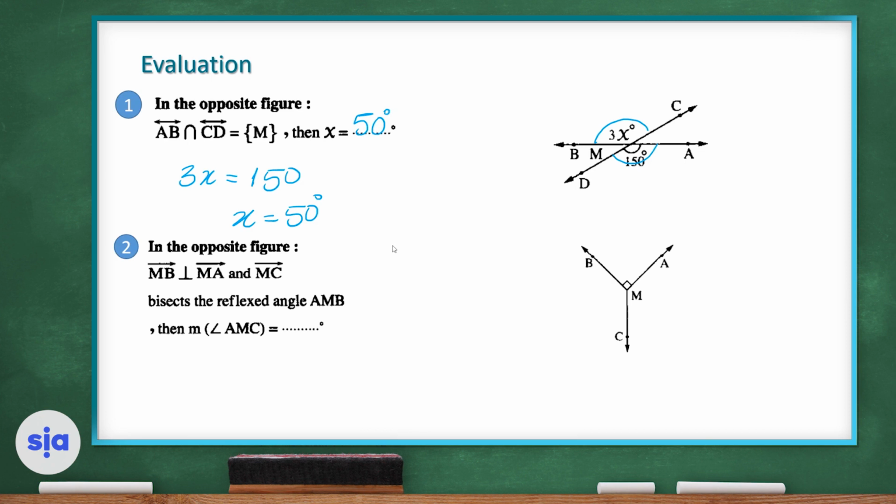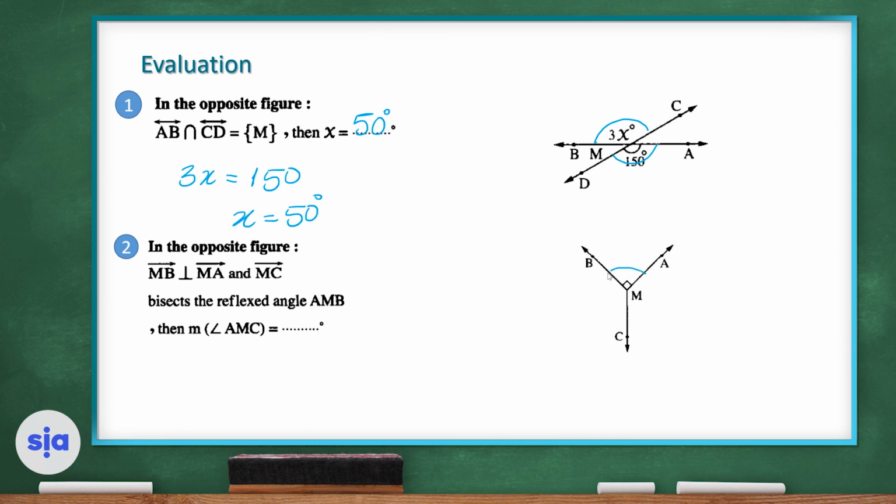Question 2. In the opposite figure, MB ray is perpendicular to MA ray, and MC ray bisects the reflex angle AMB. Then what is the measure of angle AMC?